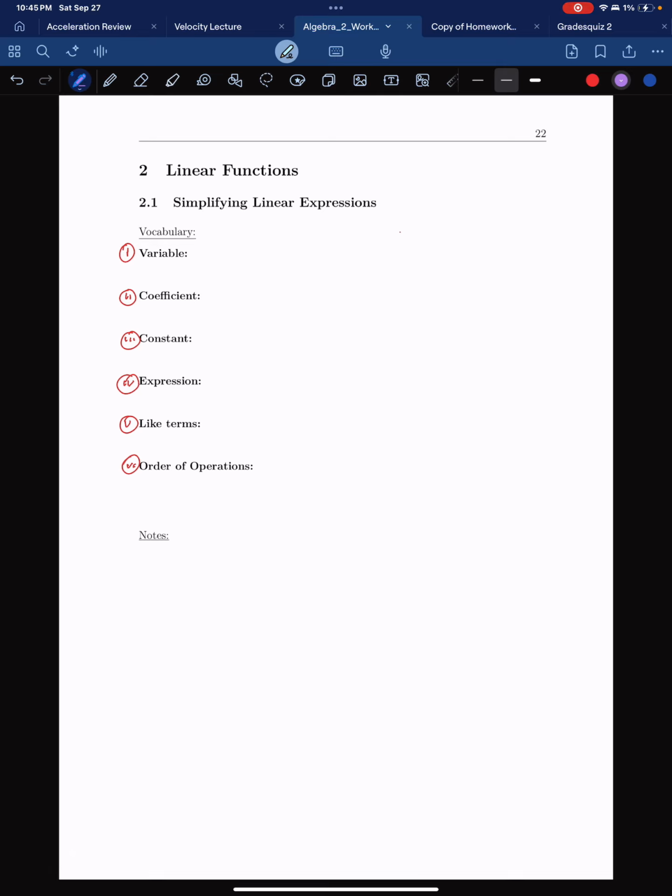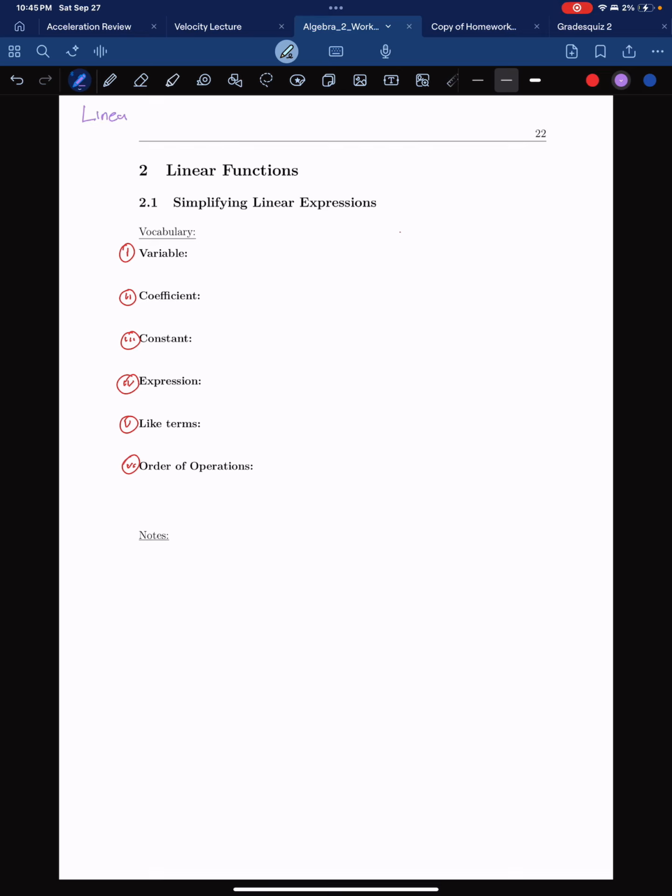We're going to move on to linear functions. A linear function is a type of function. Even functions and odd functions are not types of functions. Those are just descriptions of the symmetry of functions. I'm just going to write that here because I don't want to be confused.